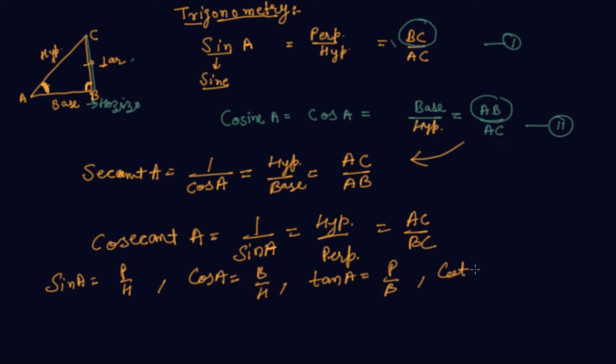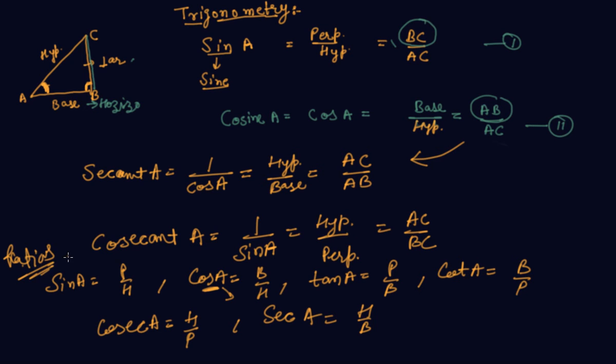Formula of cotangent of A is B by P. Formula for cosecant of A is H by P, the opposite of sine, and formula for secant of A will be H by B, opposite of cosine formula, sorry. So I hope you guys are familiar with all the basic trigonometry formulas. These are called ratio formulas, trigonometric ratios. Okay, so we will do some examples on this.